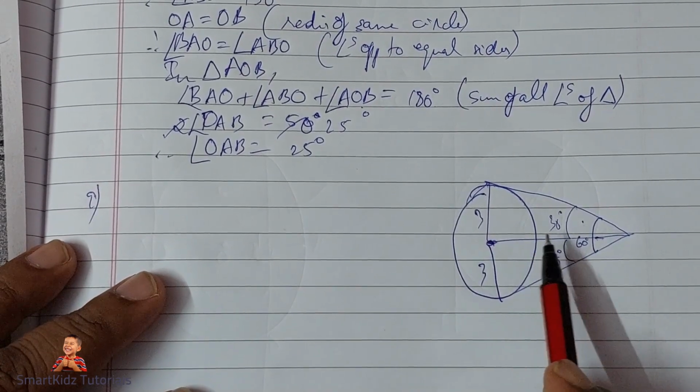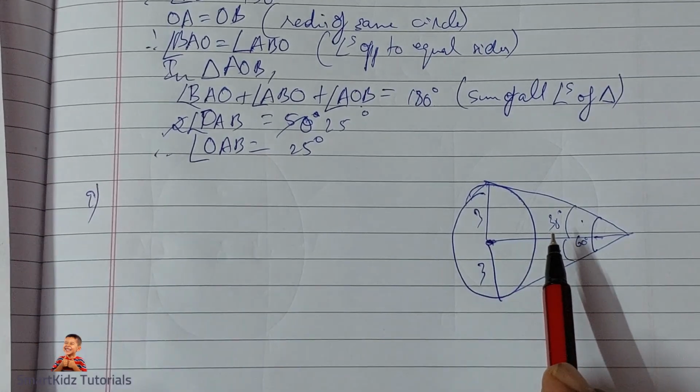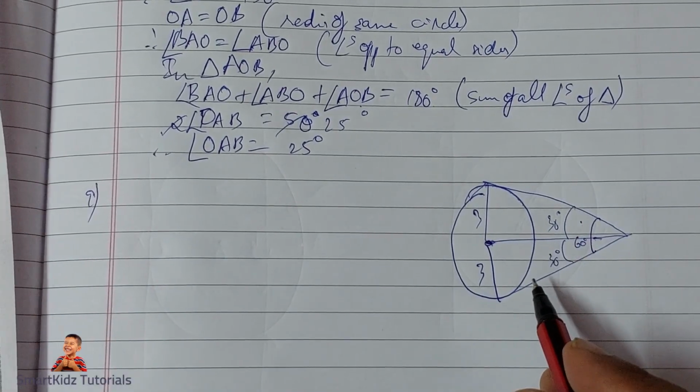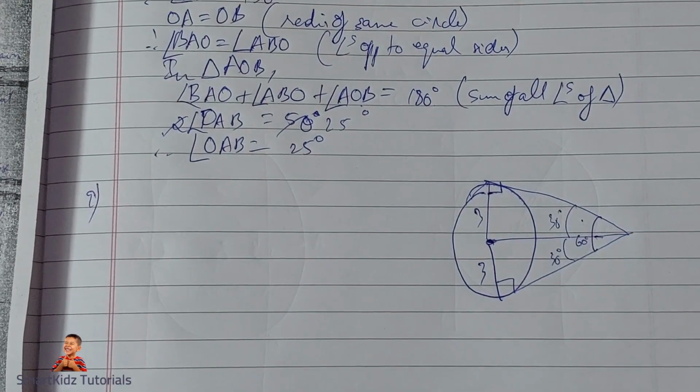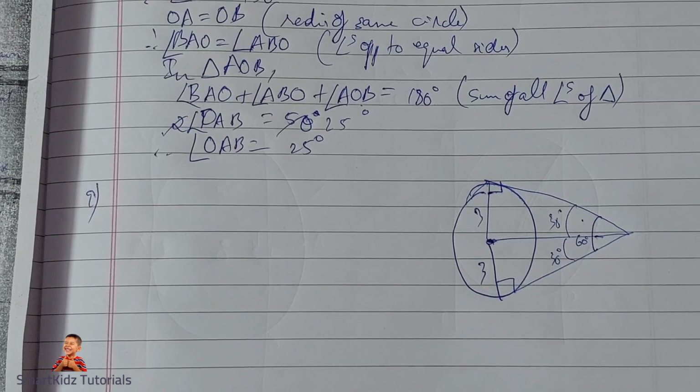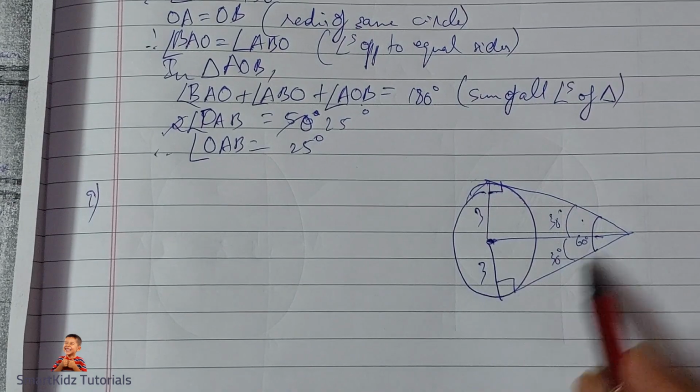Again, you have to use trigonometric ratios over here. This is your 90 degrees here, and we are asked to find the length of each tangent.